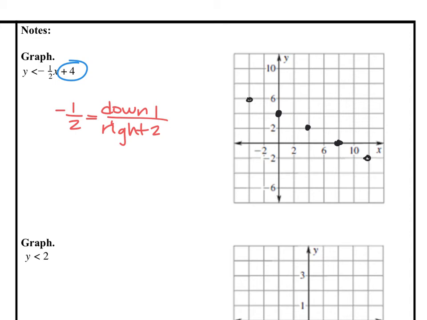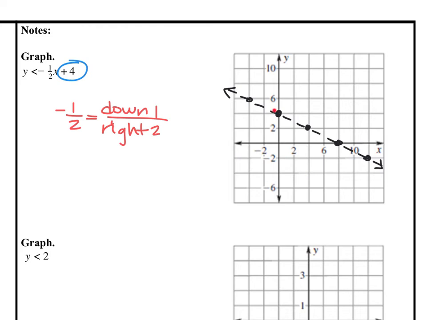Now look at your signs here. It is less than. Because it doesn't have that line underneath, you need to make a dashed line. Literally like this. And now, again, because it's less than, numbers get less going down.